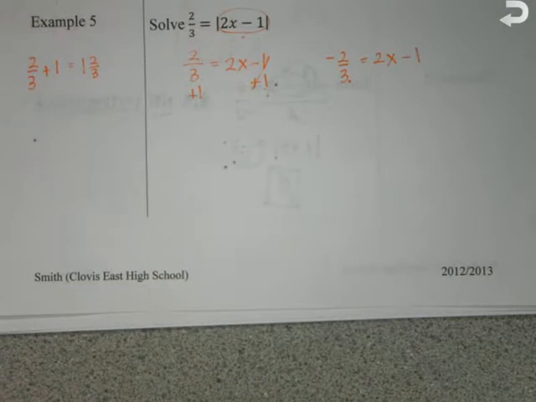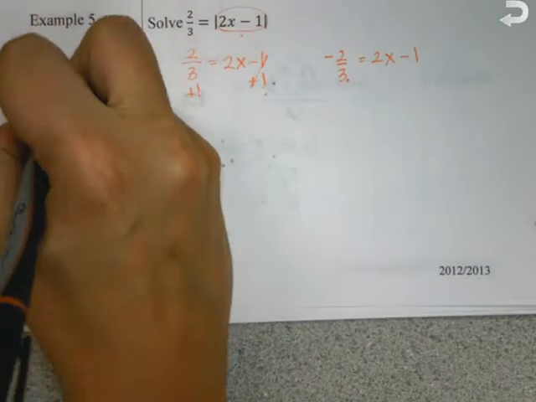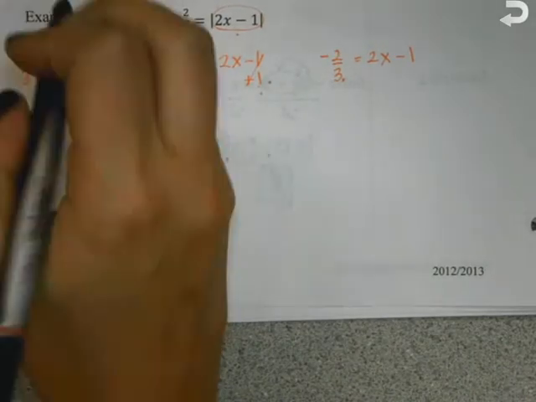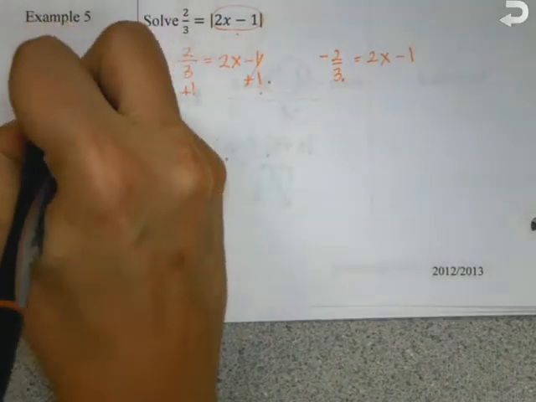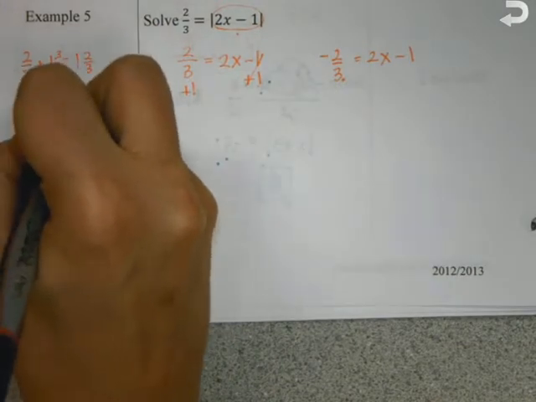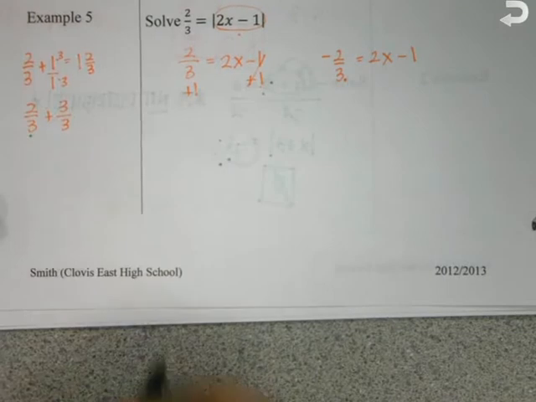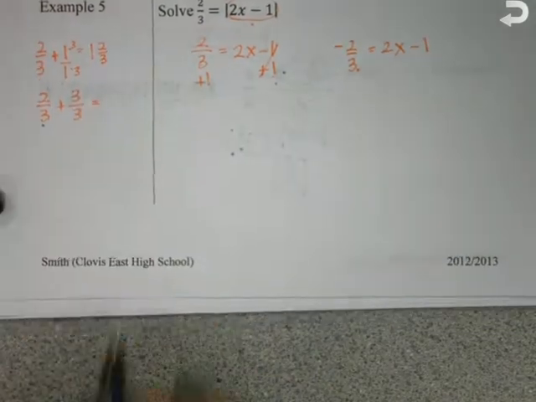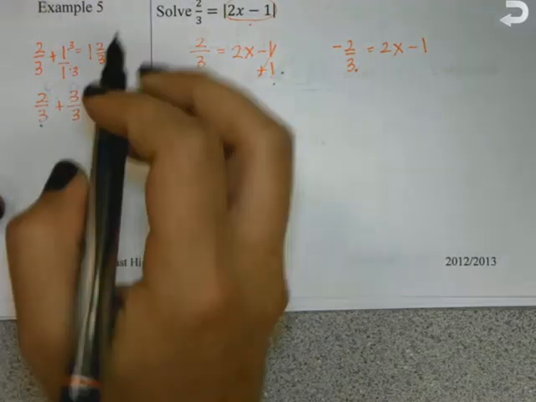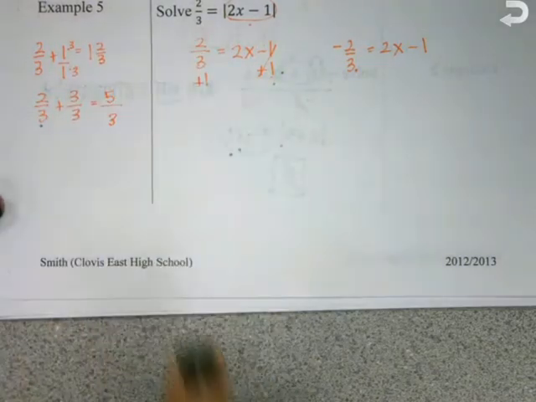And to get a common denominator, I need to multiply the 1's top and bottom by 3. So that's going to give me 2 over 3 plus 3 over 3. This is a little bit easier for me to work with. I keep the denominator 3 and I add the numerators. 2 plus 3 gives me 5. So over here I have 5/3 equals 2x.